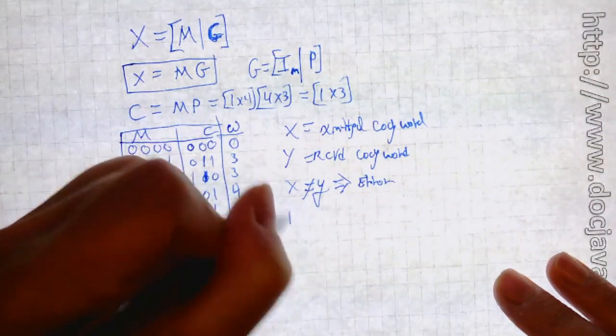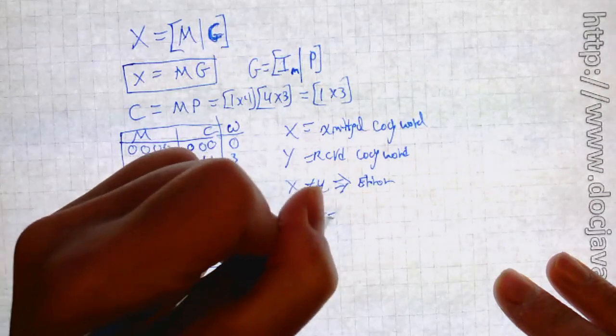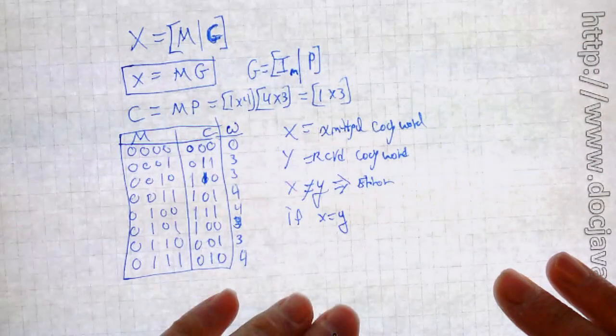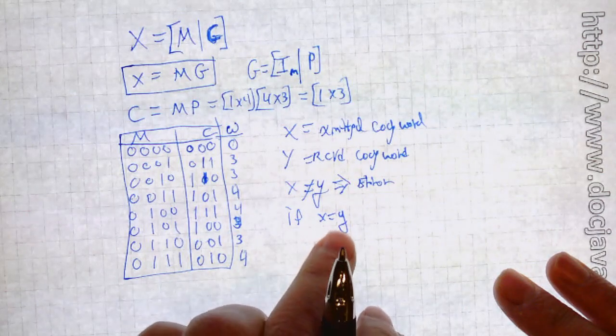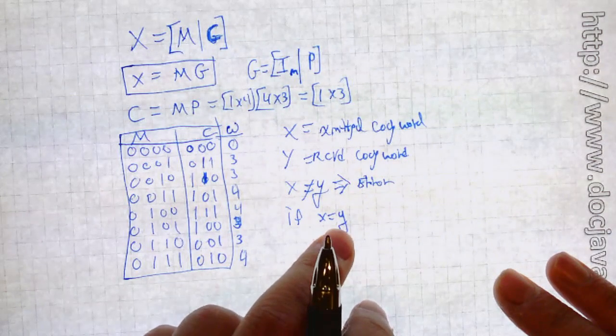But if X equals Y, it could be that we still had an error. There's a non-zero probability that there will be an error that we did not detect.